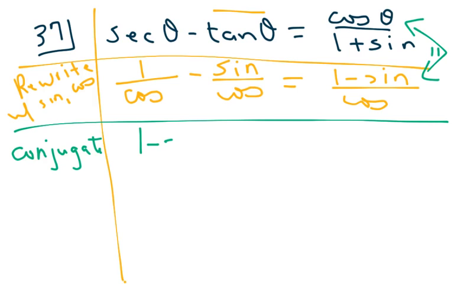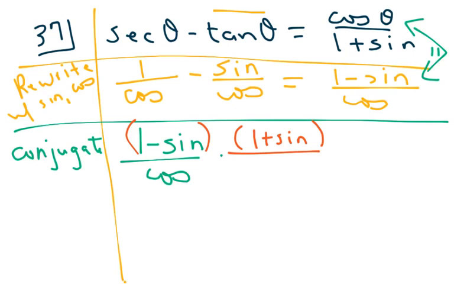So I'm going to write 1 minus sine over cosine, and I'm going to multiply the numerator by the conjugate, 1 plus sine, and the denominator by 1 plus sine. When you do that, you're going to get 1 minus sine squared, and on the bottom you're going to get cosine plus cosine sine.